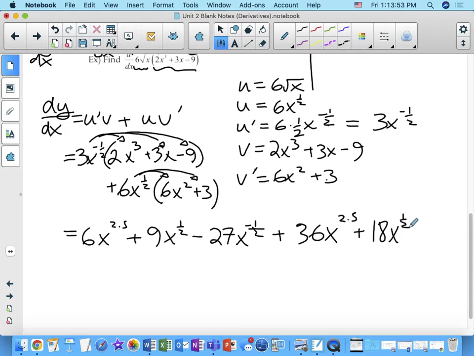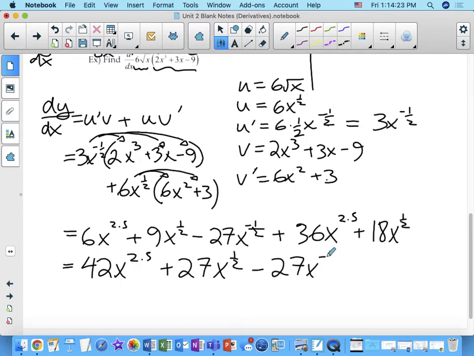And so what are we going to have here? Well, we got some like terms. That's nice. So we've got 6x to the 2.5 plus 36x to the 2.5, so 42x to the 2.5. And then 9 plus 18 is plus 27x to the 1/2 minus 27x to the negative 1/2.